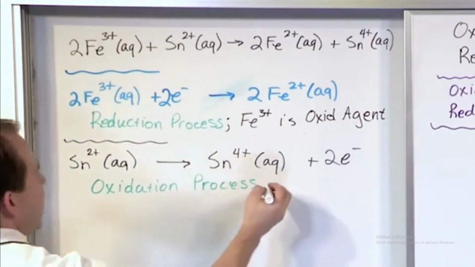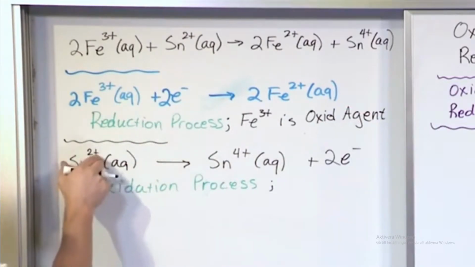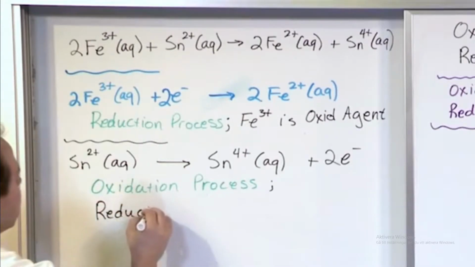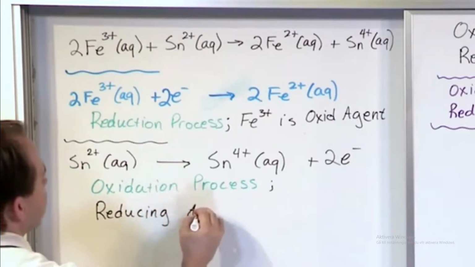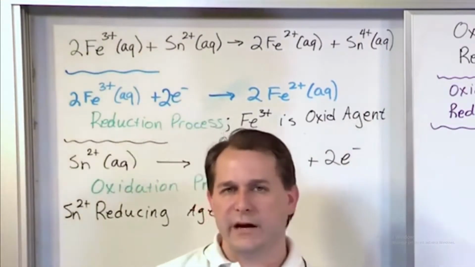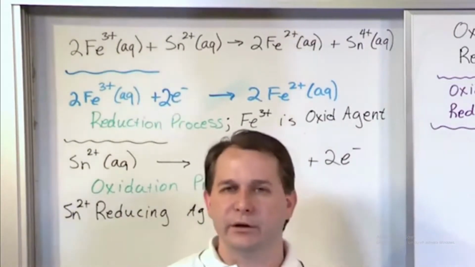And since this is an oxidation process, the Fe2+ with the positive 2 charge is the reducing agent.